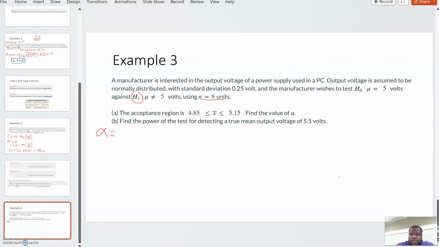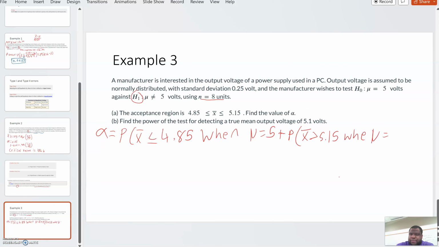Well, alpha is going to be the probability that x bar is less than or equal to 4.85 when the mean is 5, plus the probability that x bar is greater than 5.15 when the mean is 5.